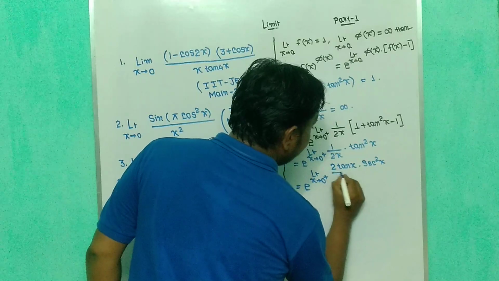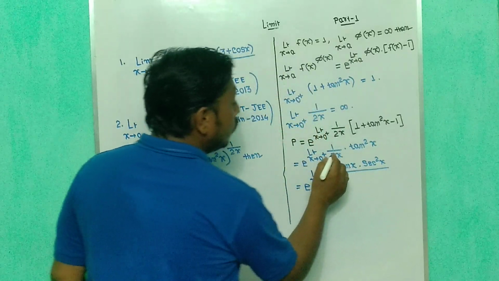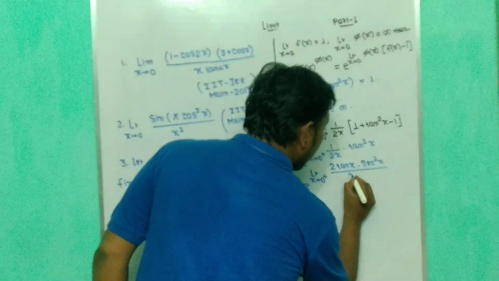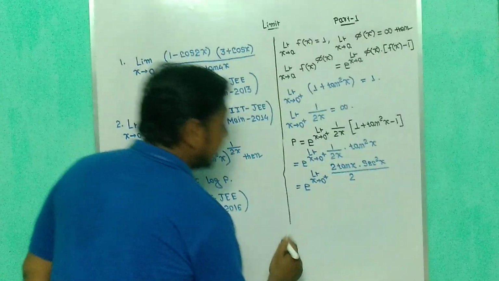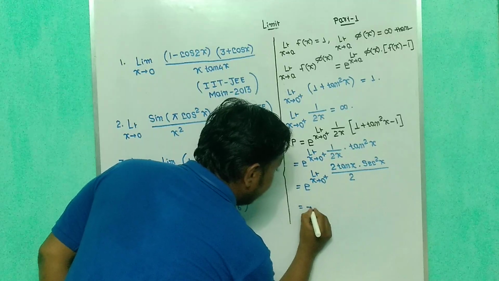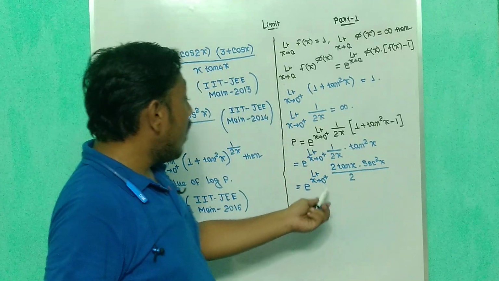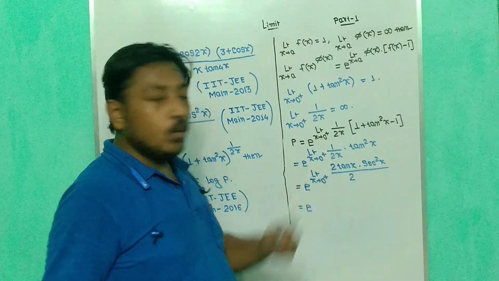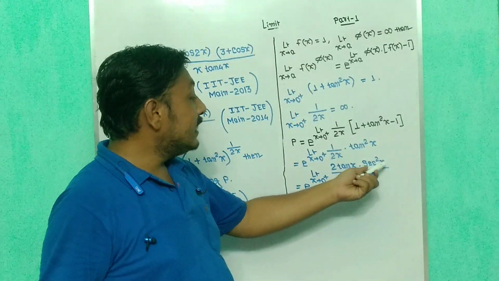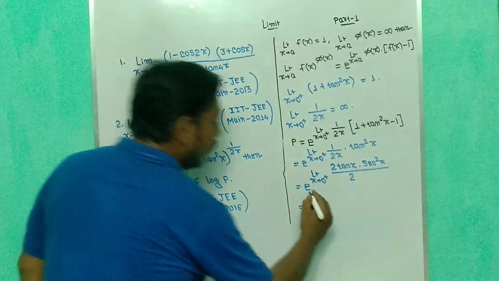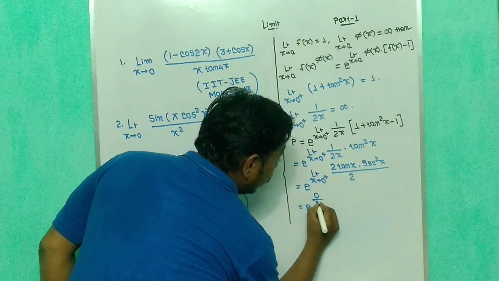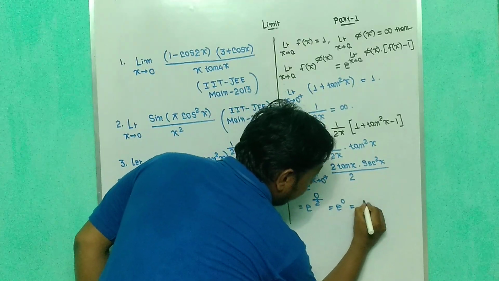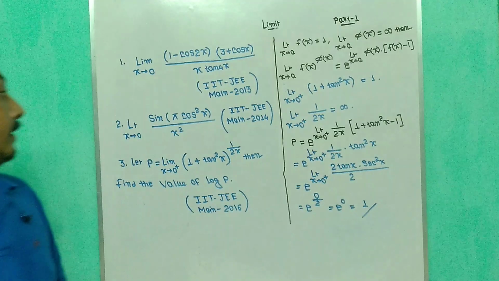And the denominator, derivative of 2x, is 2. So 2 cancels. Now put x equals 0, that means 0 into 1, which is also 0, and 0 divided by 2 is 0, so e to the power 0. So the final answer is 1.